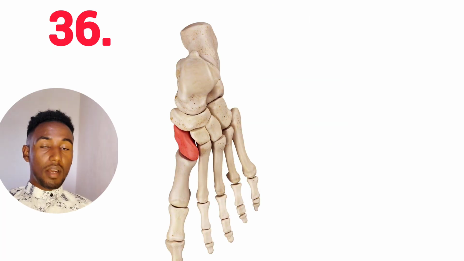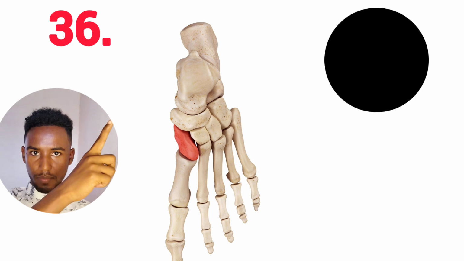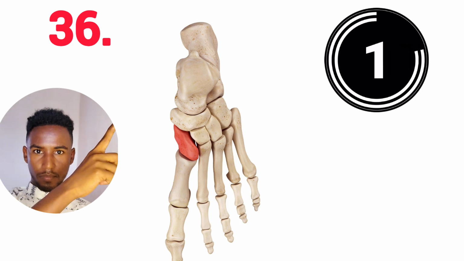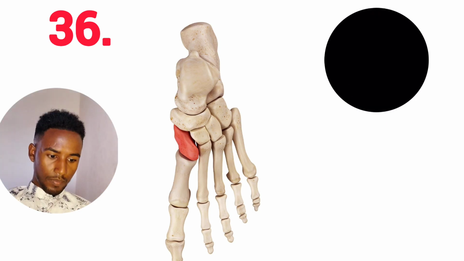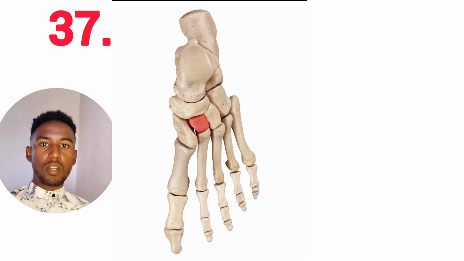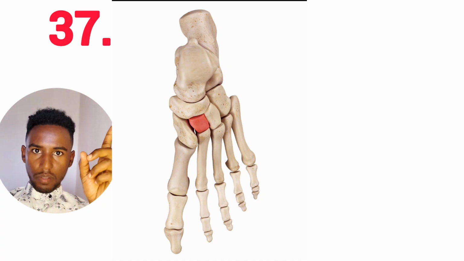Question number 36. What is this bone called? It is the medial cuneiform. The medial cuneiform bone is the largest cuneiform bone. Question number 37. What is this bone called?